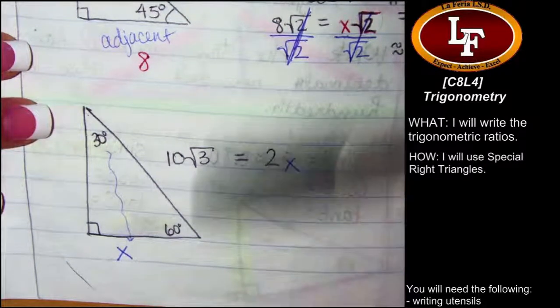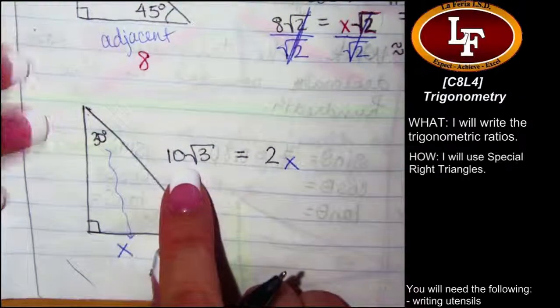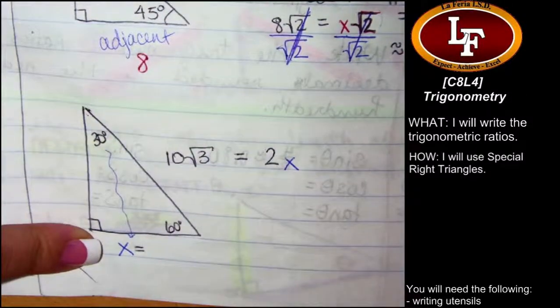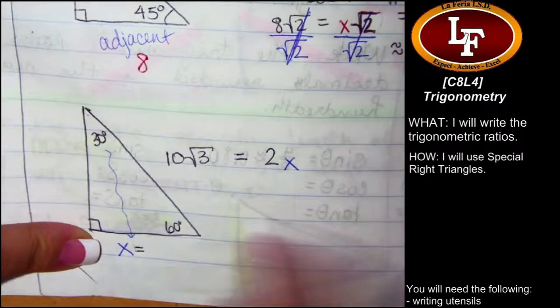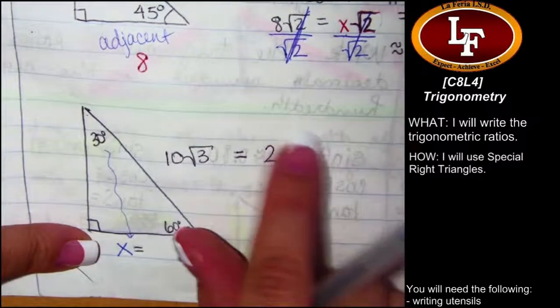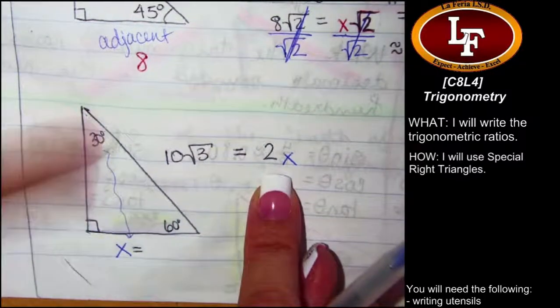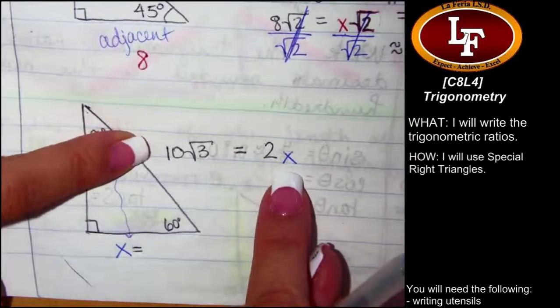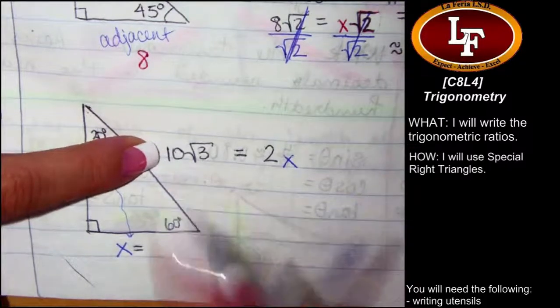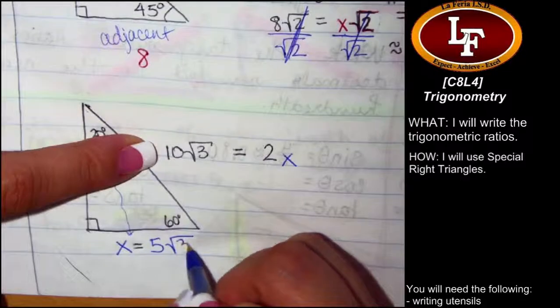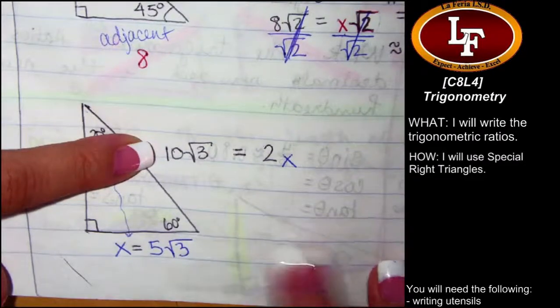All right. What then would be the value of x, the shortest side across from the 30? What would I need to do to solve this equation here for x? Divide by 2. So if I divide both sides by 2, 5 times square root of 3. 10 divided by 2 is 5, and we're not touching the square root of 3 at all.